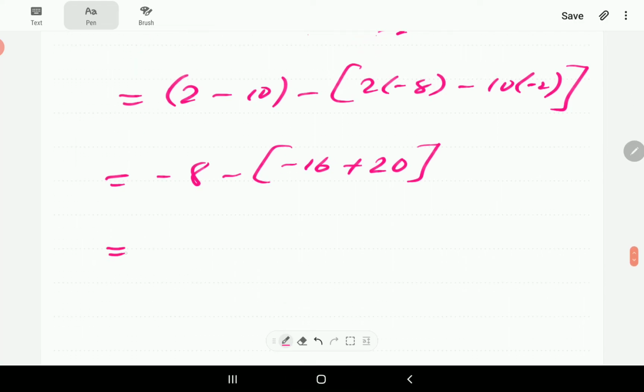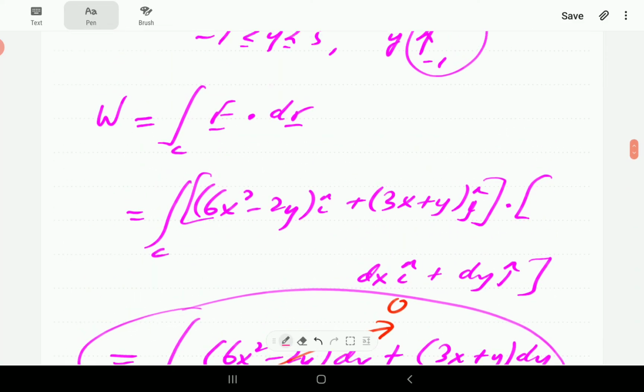So this is going to be -8 minus 4, I think. So this is going to be -12. So that is the work done along C2.